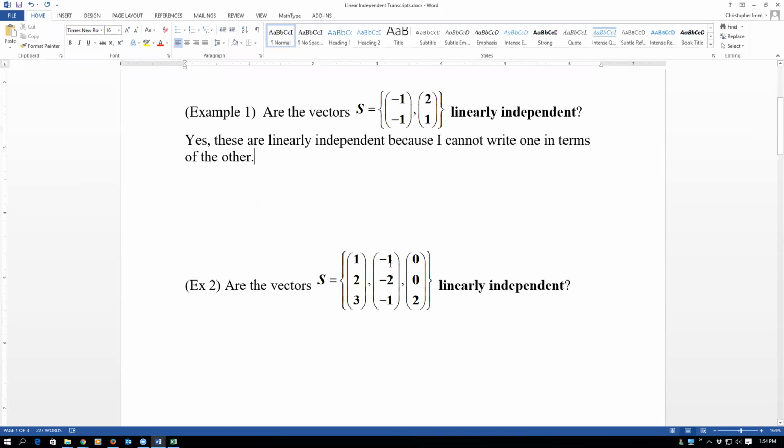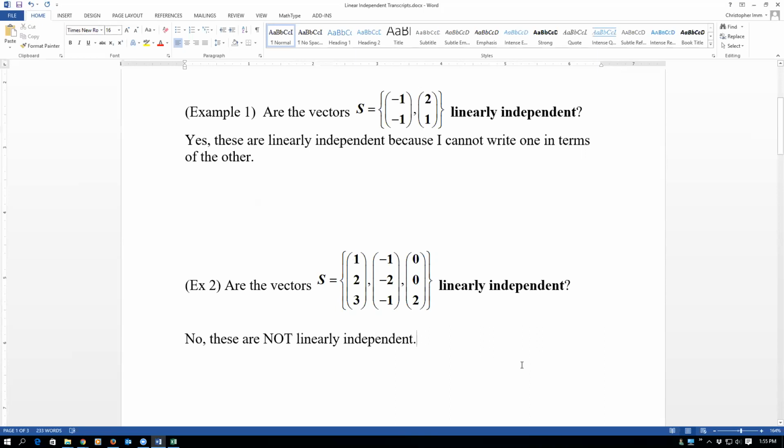So if I took -1, I have -1, which is 1, -2, which is 2, and -1, which is 1 plus 2, that's 3. So in this case, no, these are not linearly independent.